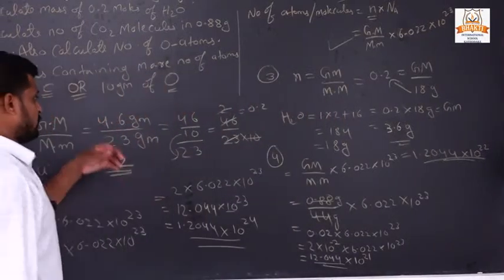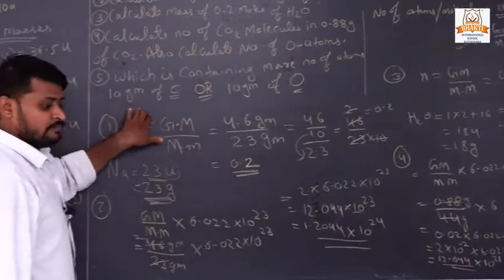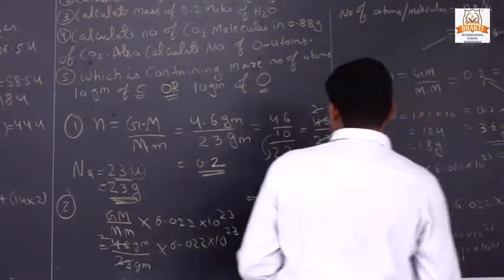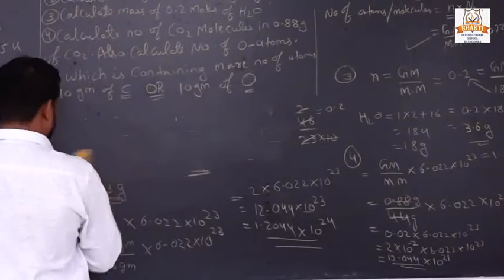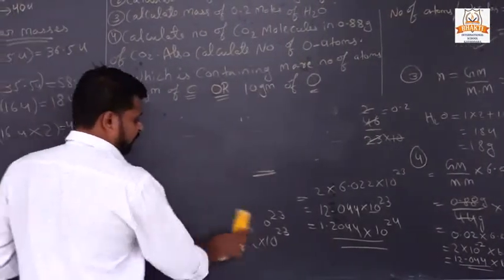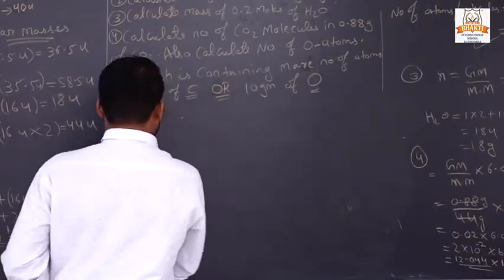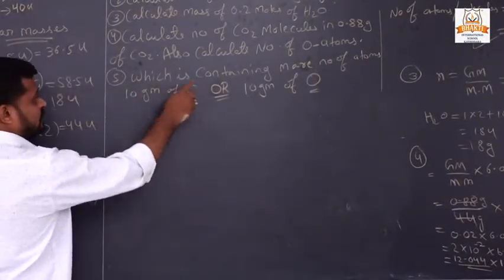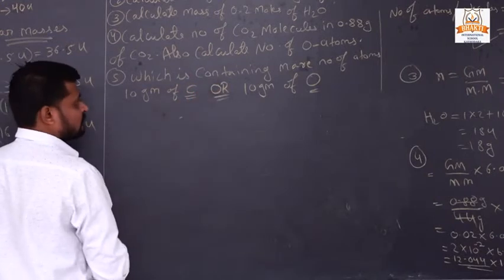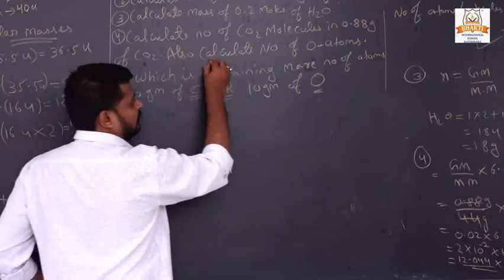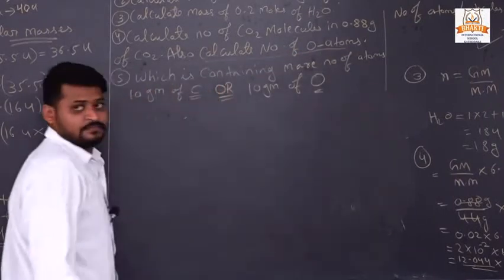So these are the 4 questions, and then the last one, the 5th question. Sorry, in the 4th question there is another part: calculate the number of O atoms.